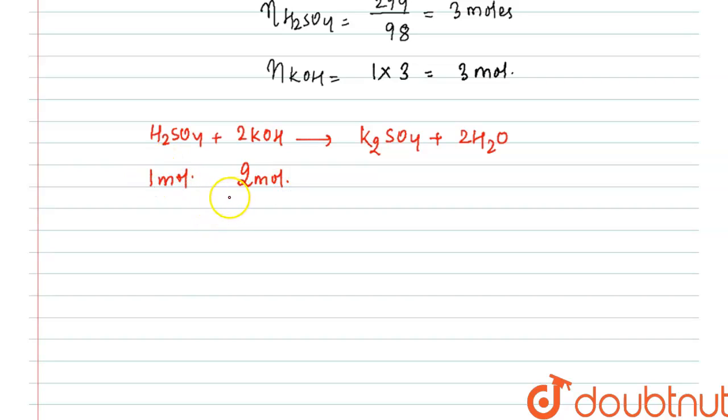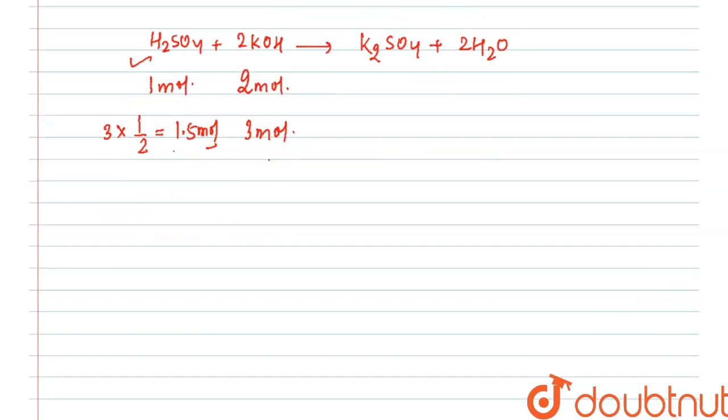This is very much clear. So we have 3 moles of KOH, and it will neutralize 3 into 1 upon 2, which means 1.5 moles of H2SO4. The ratio is 2:1, so if we have taken 3 moles of KOH, we'll have to take 1.5 moles of H2SO4.